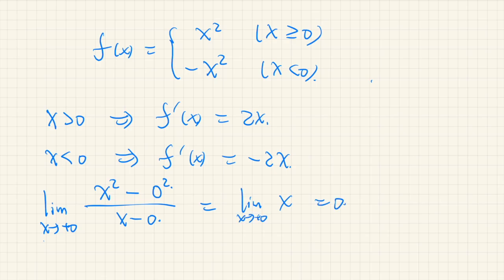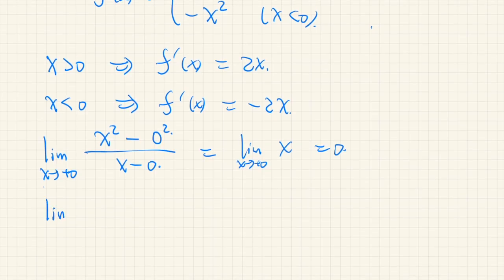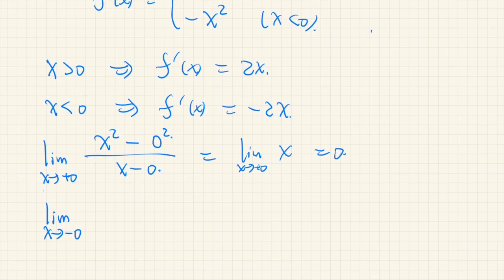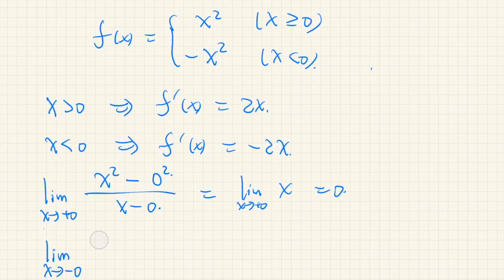And that is 0. Okay, and let's consider the left limit, x going to 0 from the left. In that case, x is negative. So we have negative x squared minus 0 squared, divided by x minus 0.